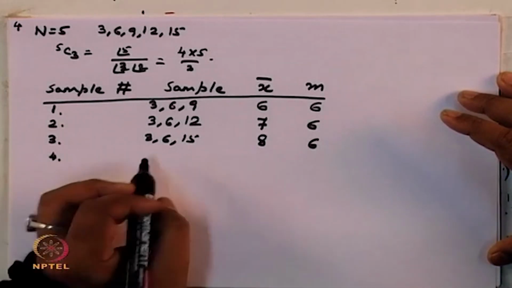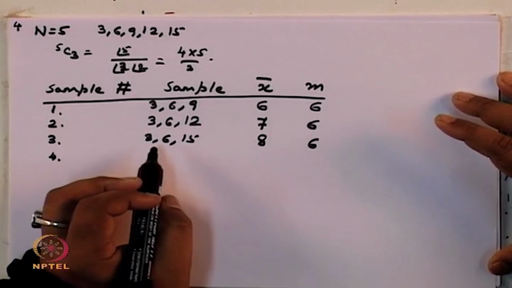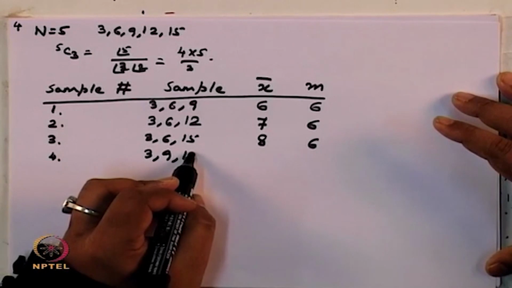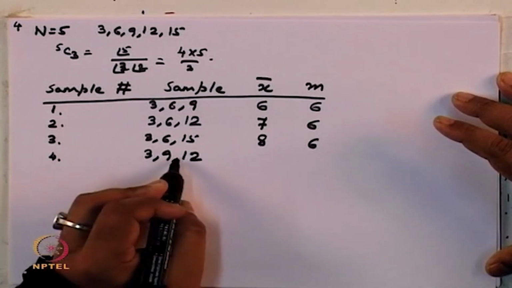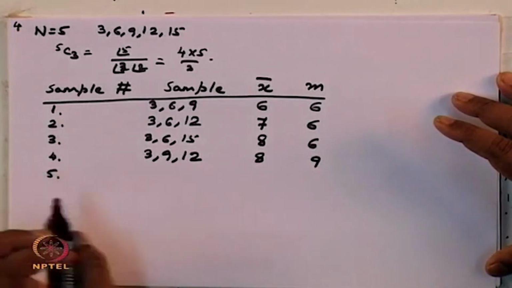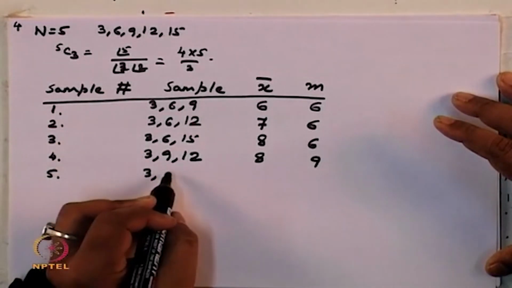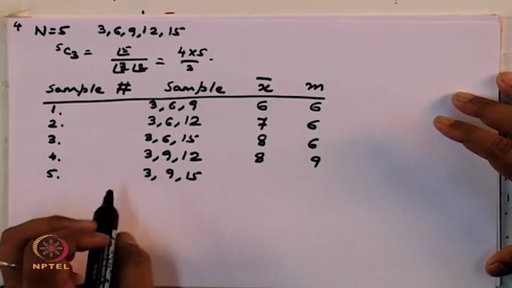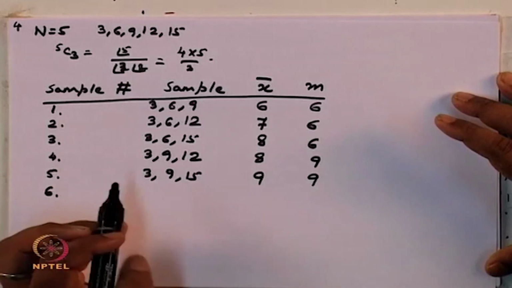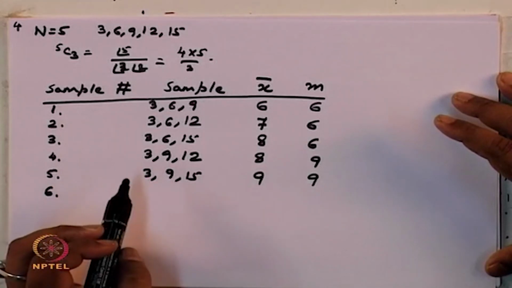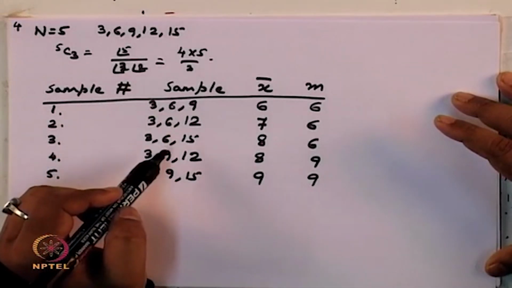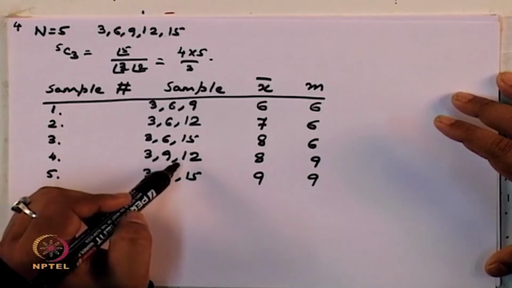Okay. 4th, 3, 6, 9. So, 3, 9, 12. So, 12 and 3, 21 and 24. This is 8, median of 9. Okay. I can do 3, 9, 15, 27. My x bar is 9, median is 9. Okay. 6, 9, 12, 6, 12, 6, 15, 9, 12, 9, 15.